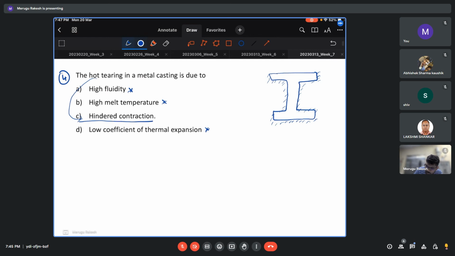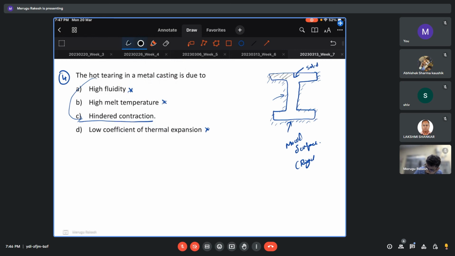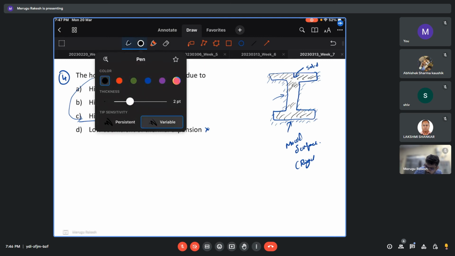Similarly, suppose you have this type of thing. This is the mold surface. If this mold surface is not yielding, it is kind of rigid. Suppose this is completely solid, this is also completely solid, and it is coming at the center. I'm just giving a scenario.